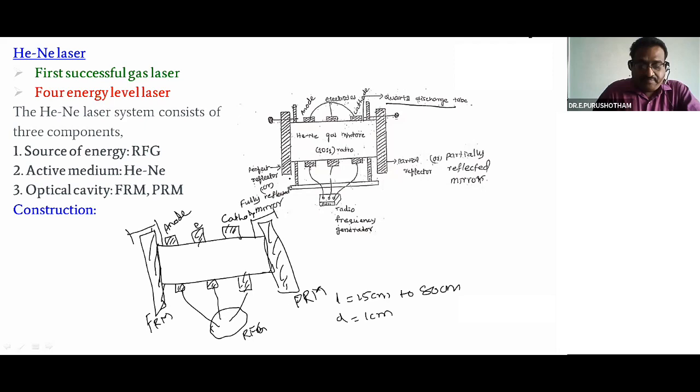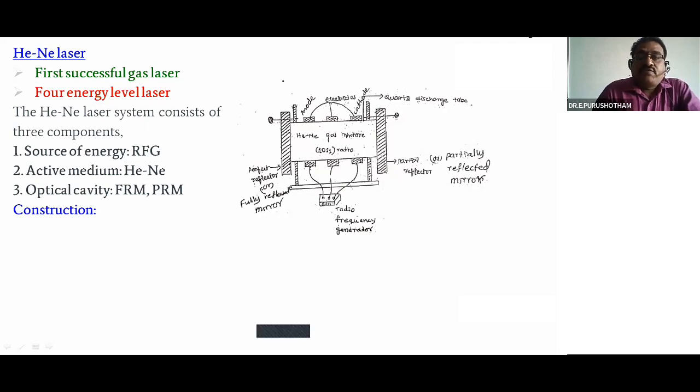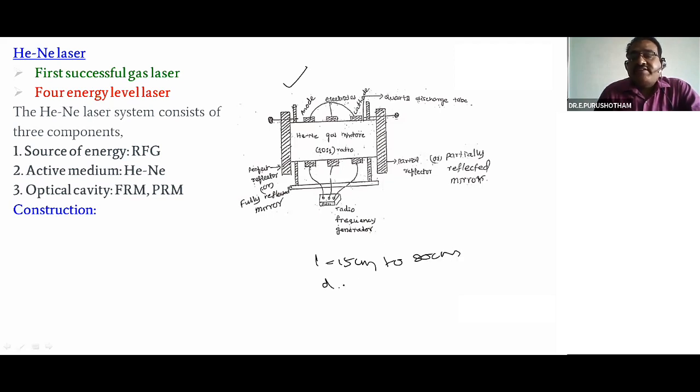You can see in this figure, the helium neon laser system consists of a quartz tube. The length of the quartz tube is 15 centimeters to 80 centimeters, and the diameter is 1 centimeter.